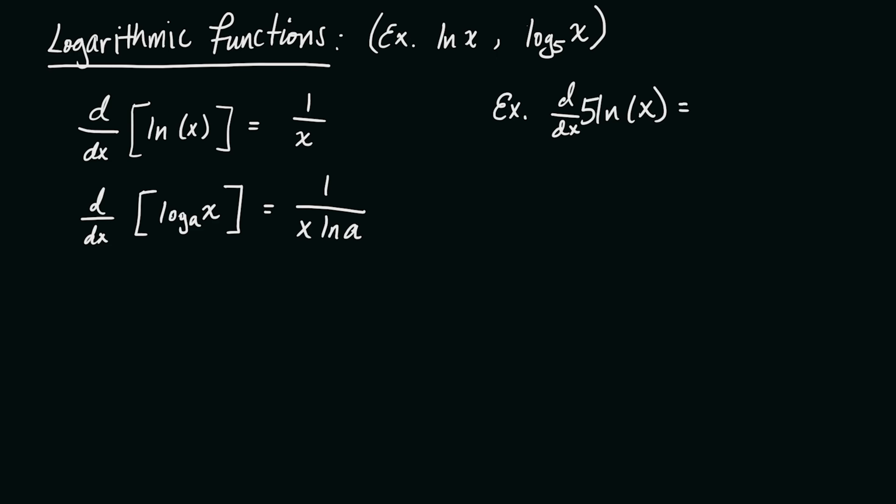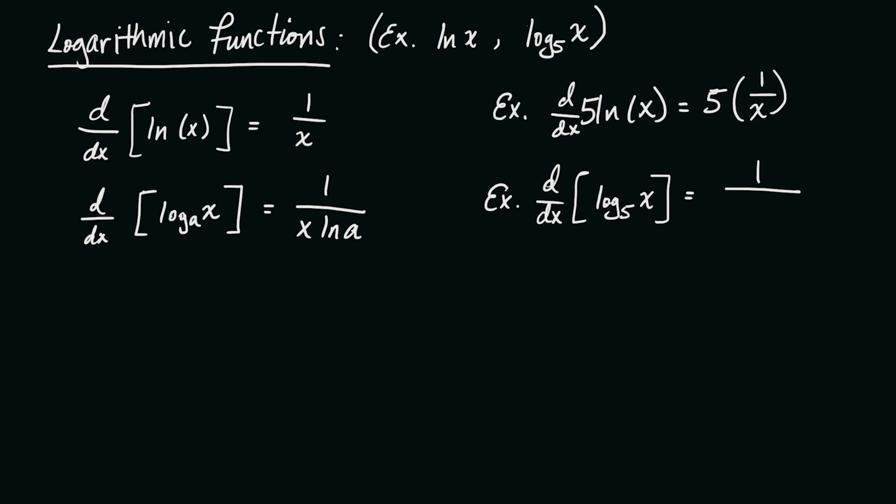Now 5 is the coefficient here, so we place it on the outside, so that would just be 5 times 1 over x. That's simple. Now let's say it was find the derivative of log 5 of x, right? Then that'll just be equal to 1 over x, and remember, x stays the same, but then you take the ln of the base, which is ln of 5.